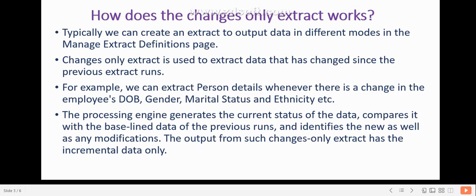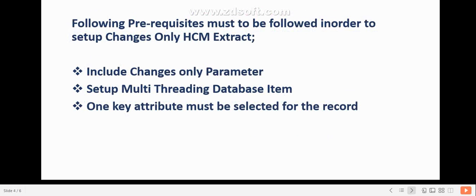Now we will see, in order to set up changes only HCM extract, what are the prerequisites that must be followed in Fusion HCM. There are three mandatory prerequisites or guidelines that must be followed.